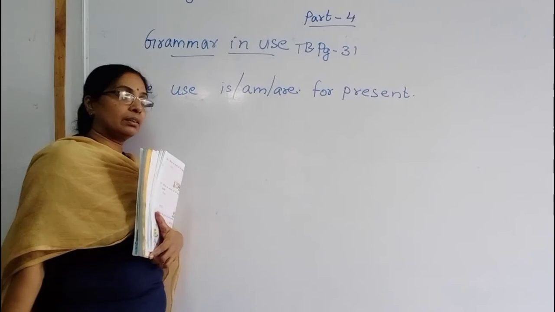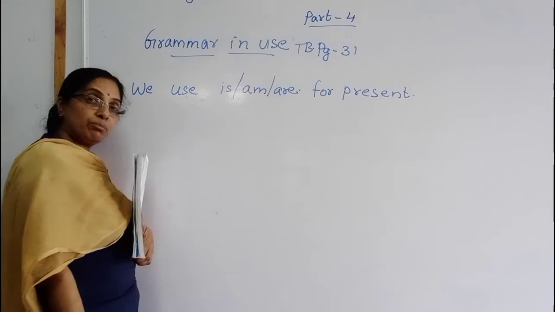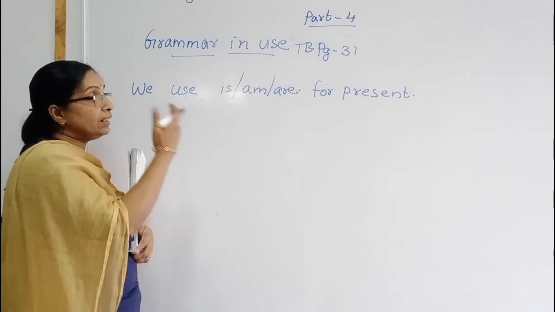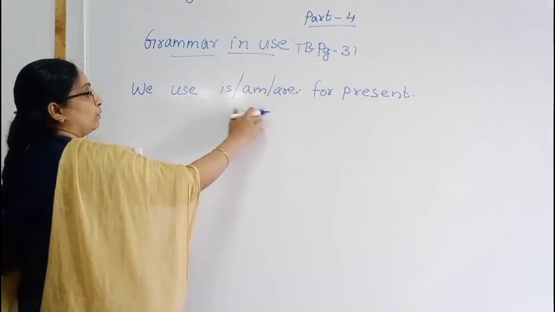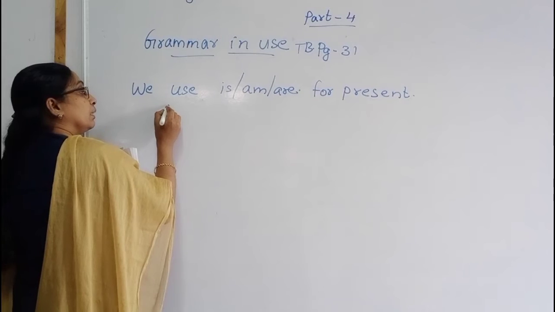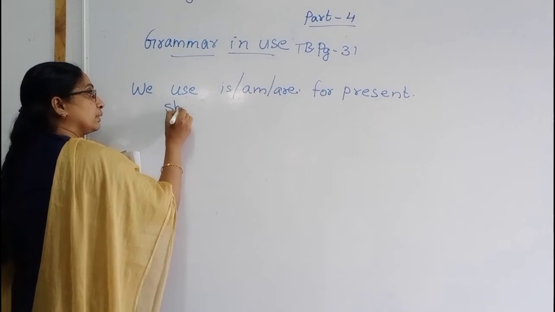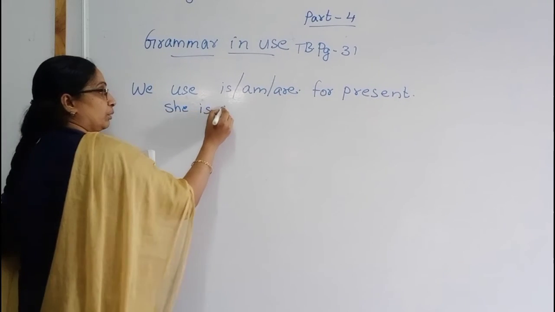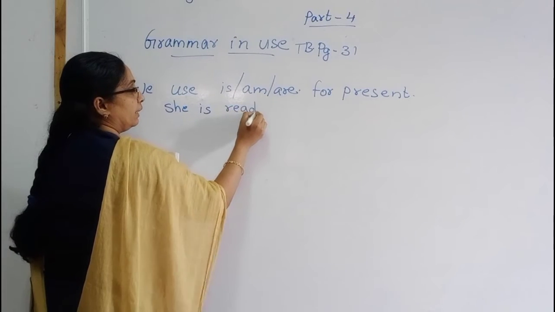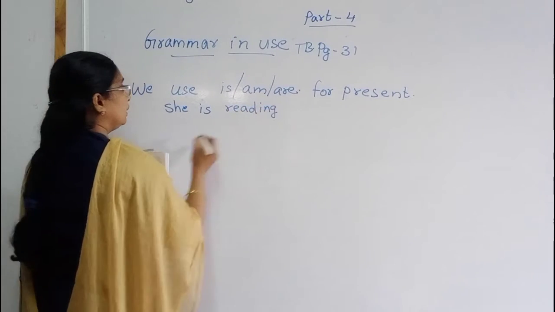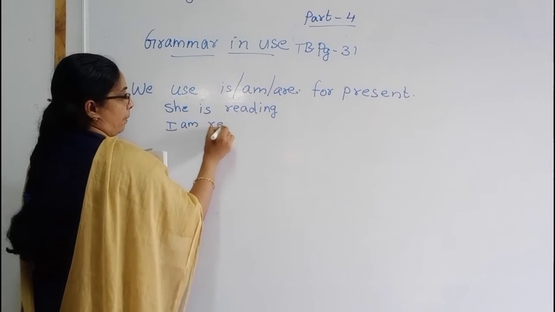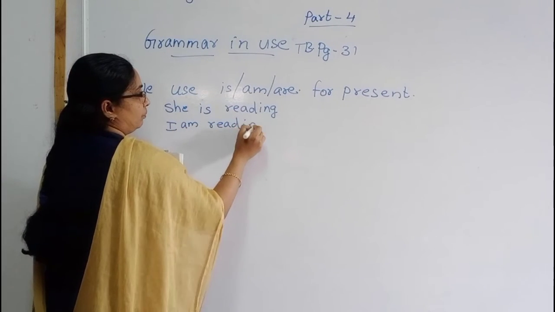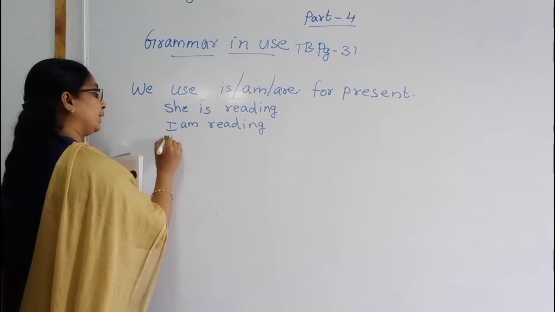I am a girl. I am studying. She is studying. They are studying. That is the three forms. For example, she is reading. I am reading. They are reading.